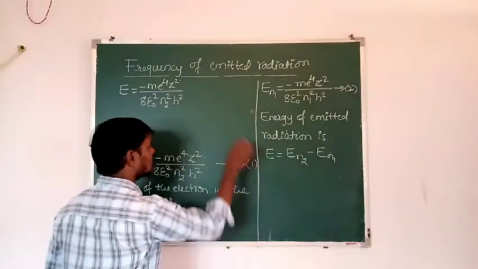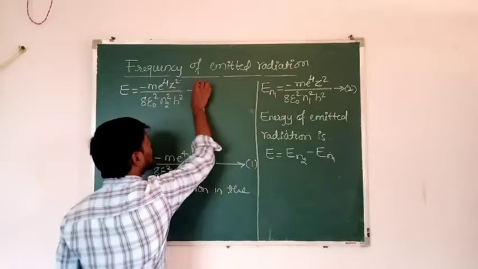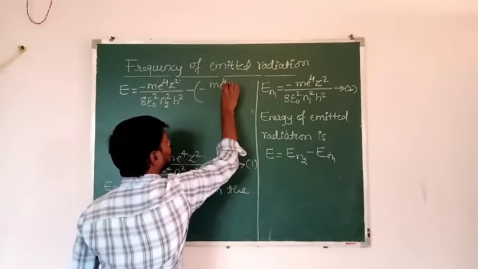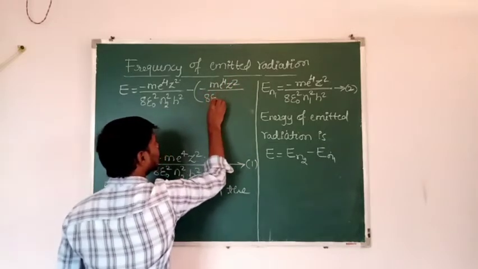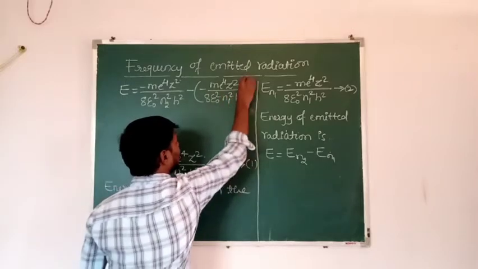Then minus En1, from equation 2, that is minus m e raised to 4 z square divided by 8 epsilon naught square n1 square into h square.